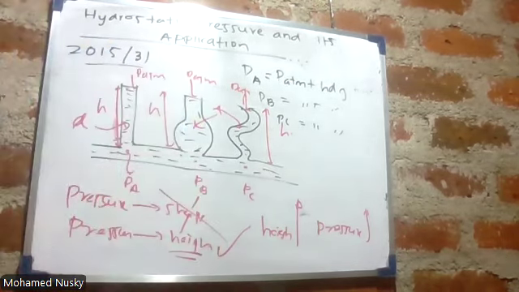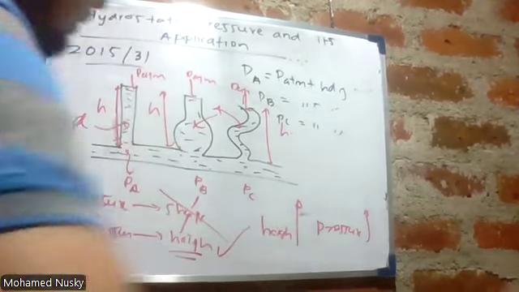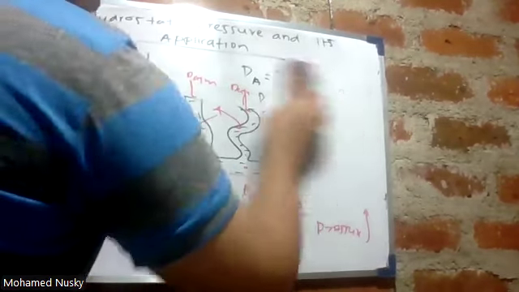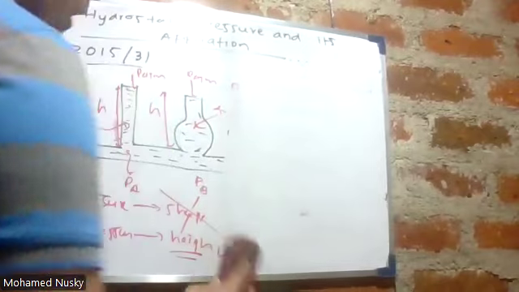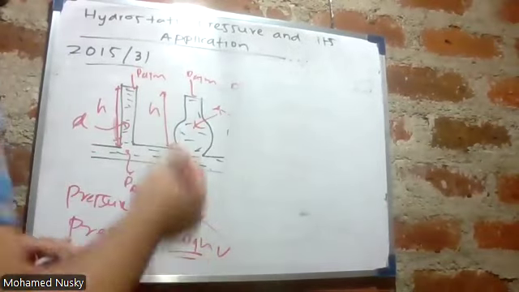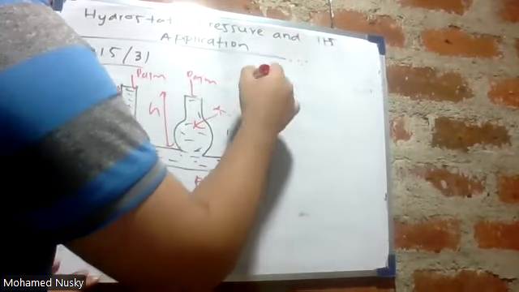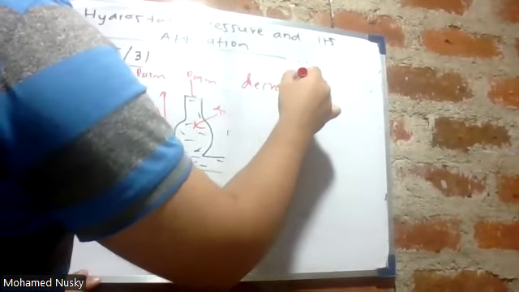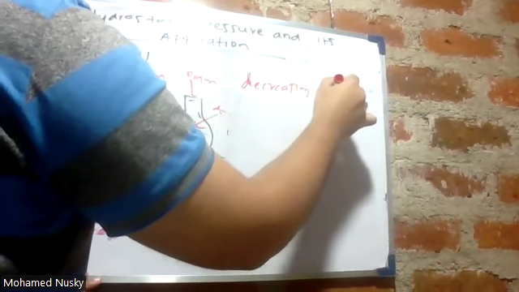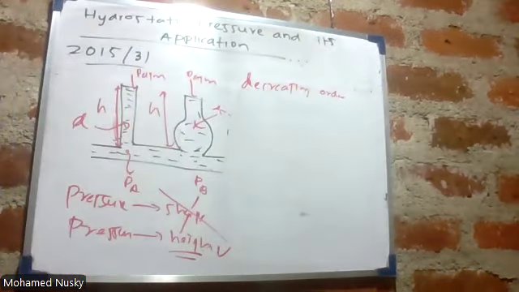If we write the variation of pressure, how this pressure varies, they can ask like this: the decreasing order of pressure.